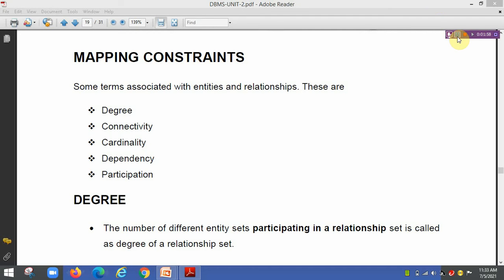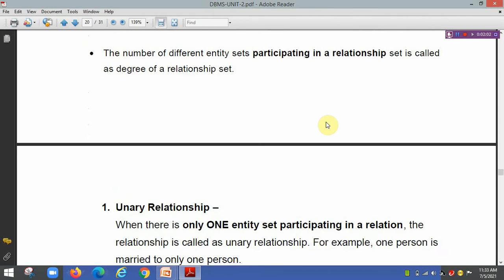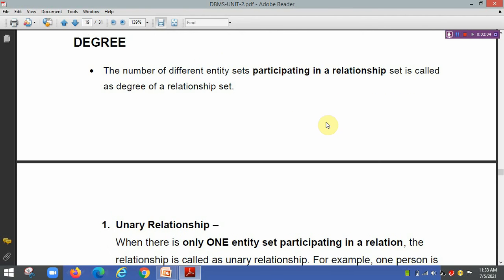First we discuss the degree. The number of different entity sets participating in a relationship set is called the degree of a relationship set. That means the number of different entities participating in a relation. This concept is known as the degree of a relationship.